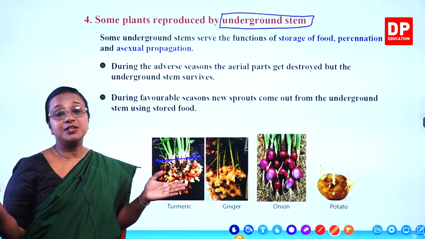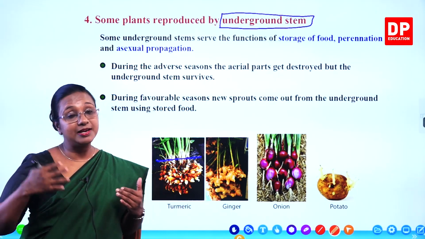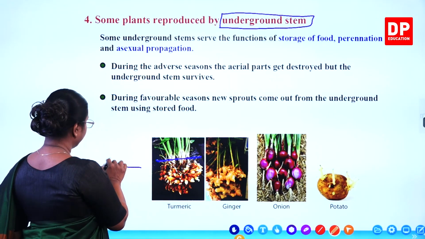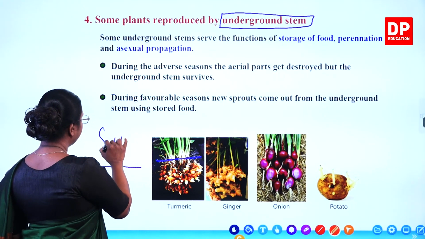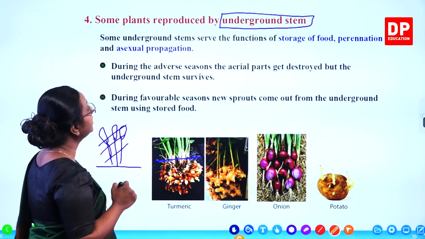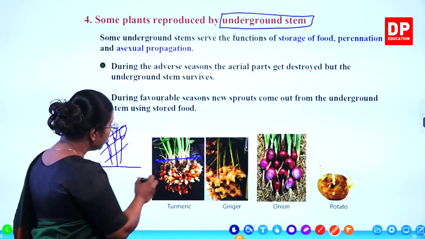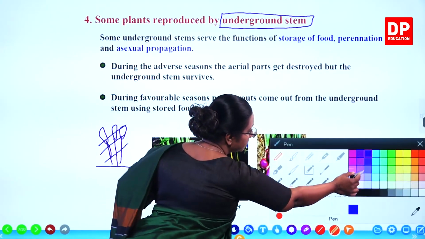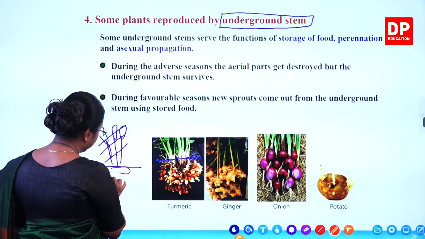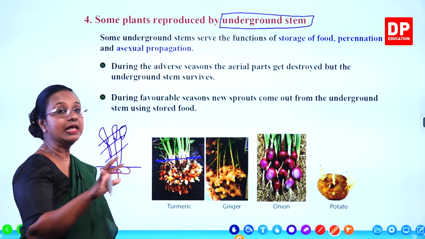Let's say there are a lot of floods or some change in the environment, and the plant can't grow. Then all the parts above the ground, with the leaves, will be destroyed or lost from the plant, but the underground stem, whether ginger or turmeric, will remain there.